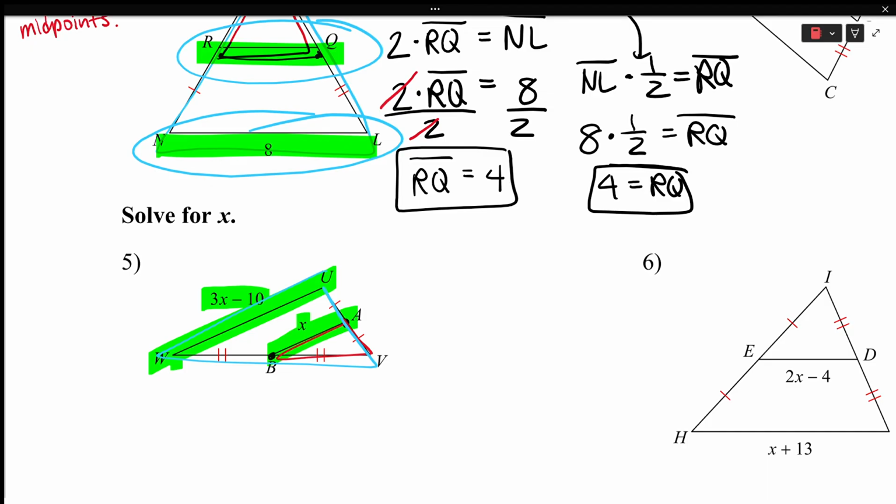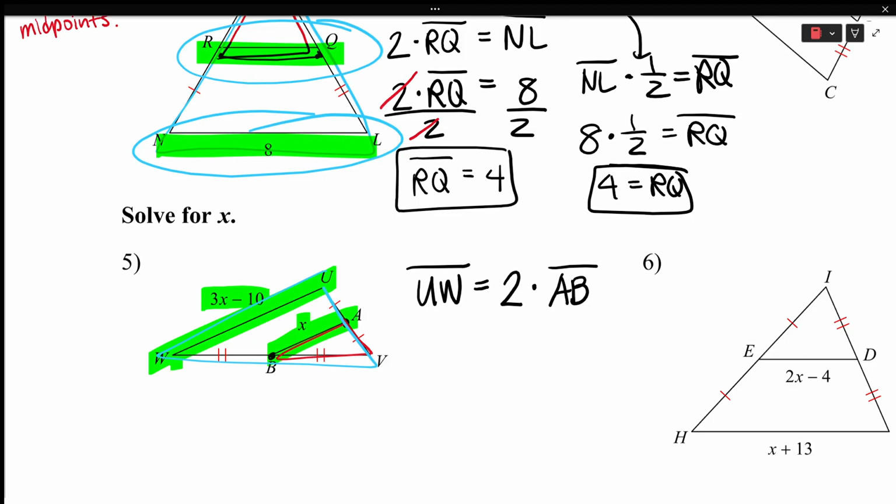I know UW is going to be double the size of AB, right? We learned this equation in lesson 5. We did a whole proof on this where we were saying that side is going to be double the side of the smaller triangle.